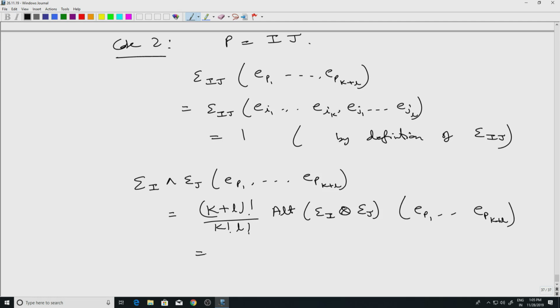And Alt already has a 1 over (k+l)!, so 1 over this, and then use the definition of Alt.